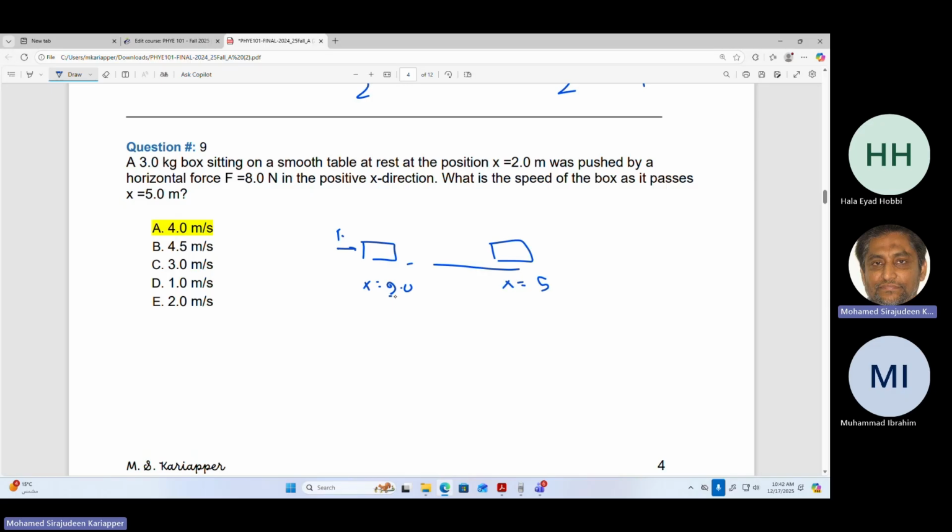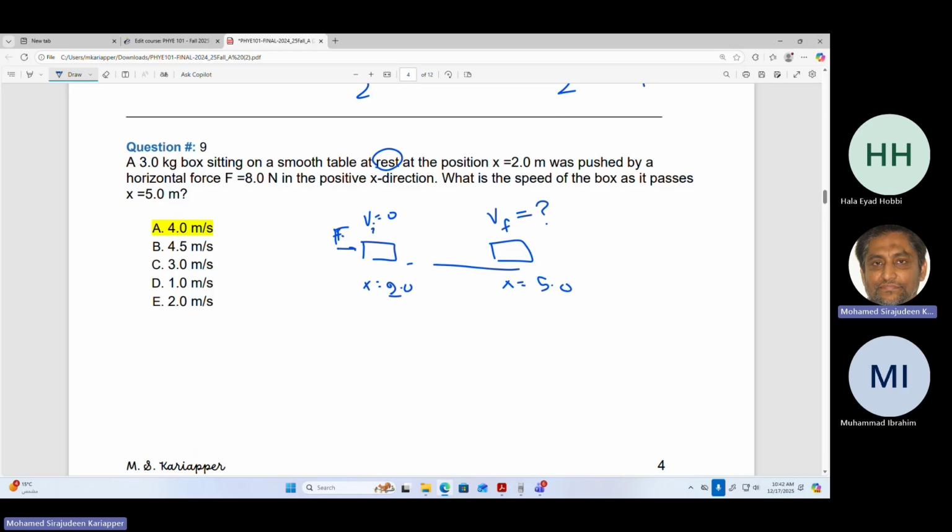Initially it is at rest, so initial velocity is 0, and it is pushed with a constant force through a distance from 2 meters to 5 meters, that means 3 meters. When it comes to x equal to 5 meters, we don't know the speed. The question is to find that speed.